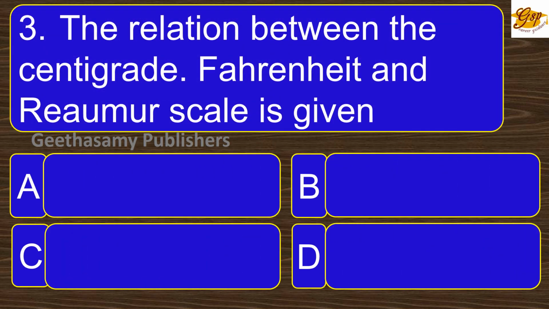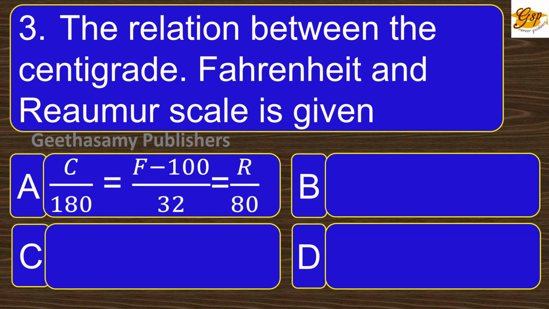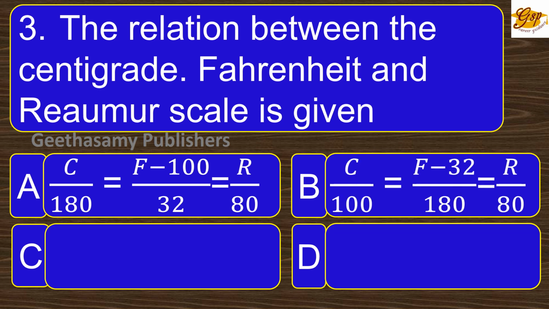Third question. The relation between centigrade, Fahrenheit and Reaumur scale is given. A, C by 180 equal to F minus 100 divided by 32 equal to R by 80. B, C by 100 equal to F minus 32 divided by 180 equal to R by 80.